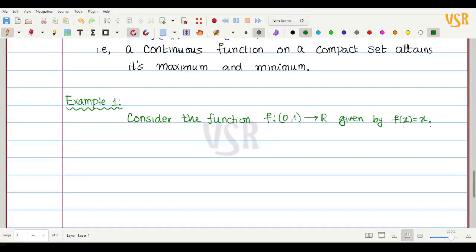Note that the function f is a bounded function.